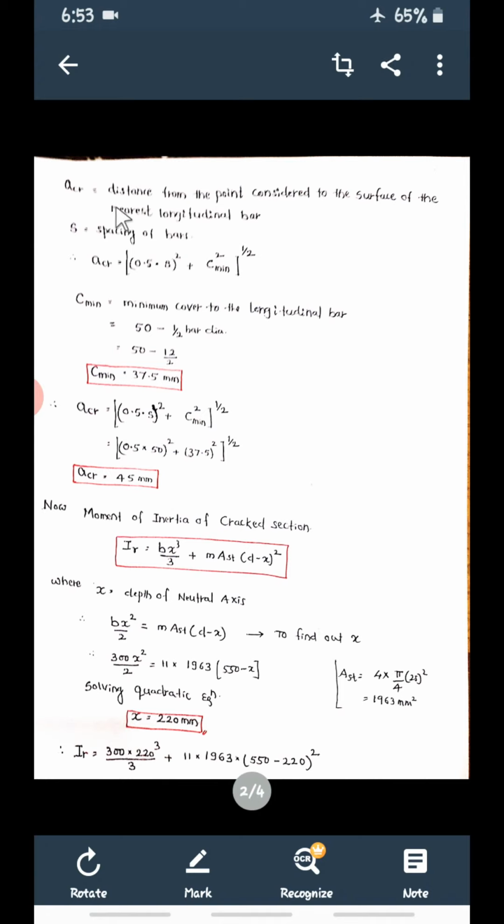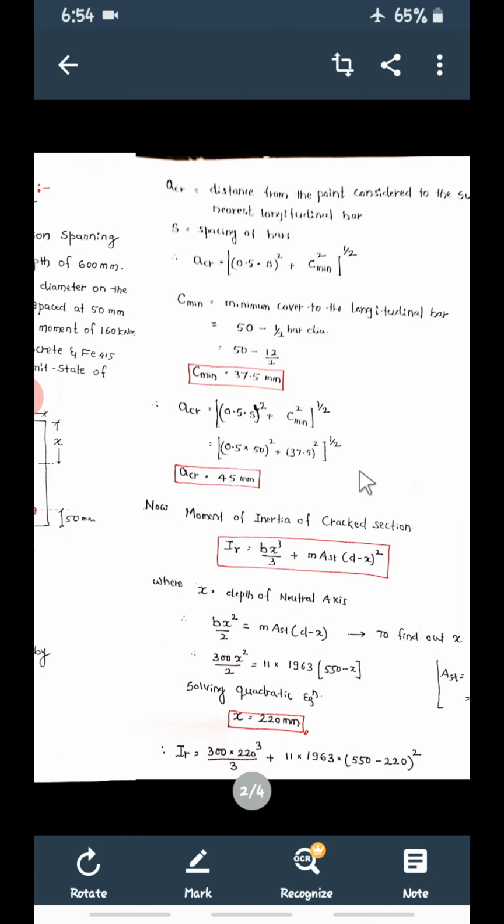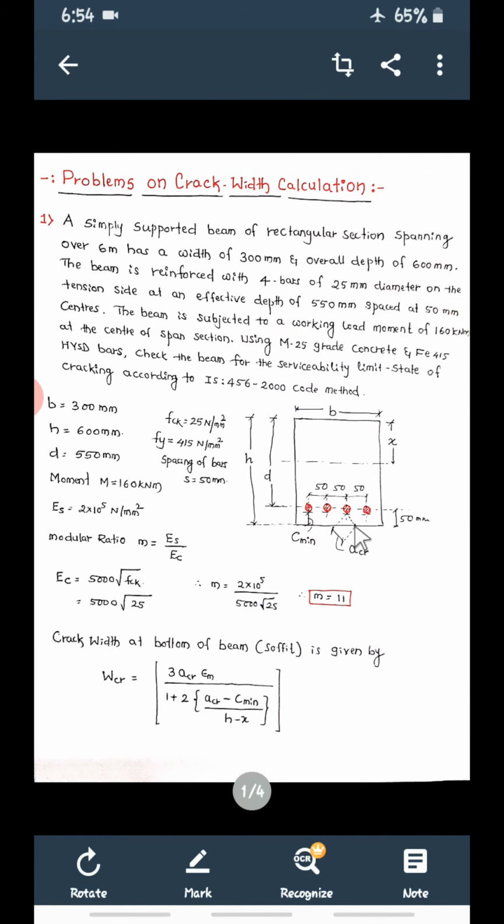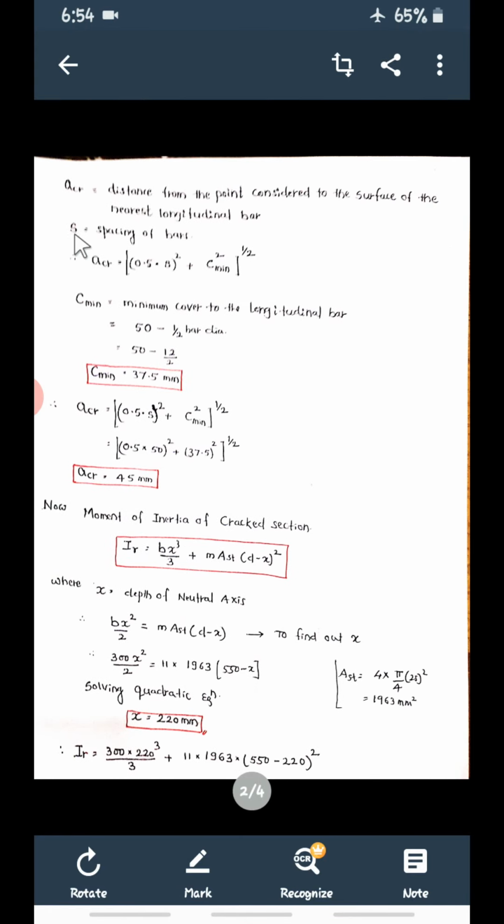Now see, what is acr? acr is the distance from the point considered to the surface of the nearest longitudinal bar. Now where do we want to calculate the crack width? At this point, bottom. So from this bottom we have to consider the nearest bar, from the point to the bottom surface of this bar. So from the bottom surface of this bar to the point where we are calculating the crack width, this distance is called acr, and s is the spacing already.